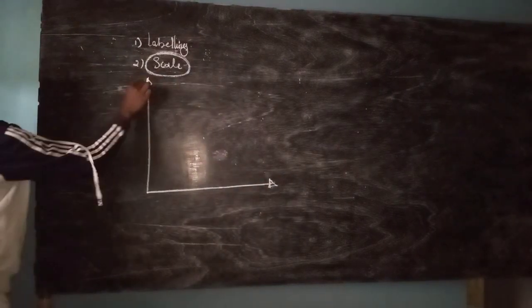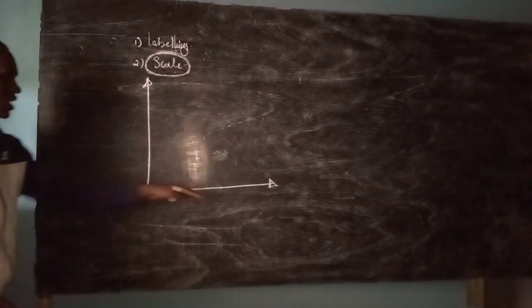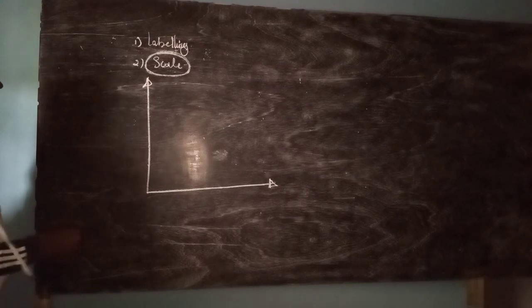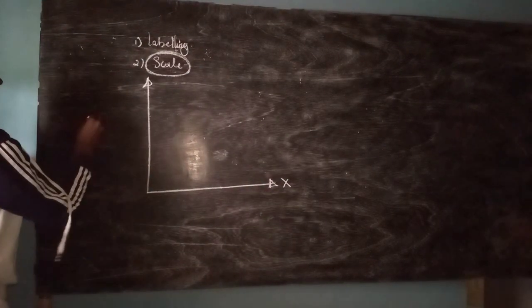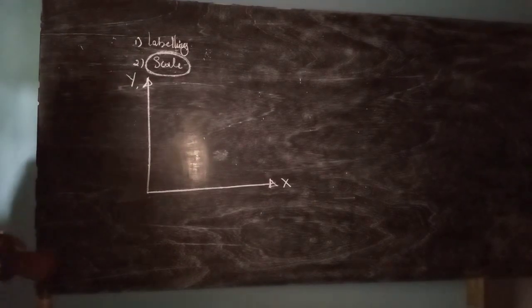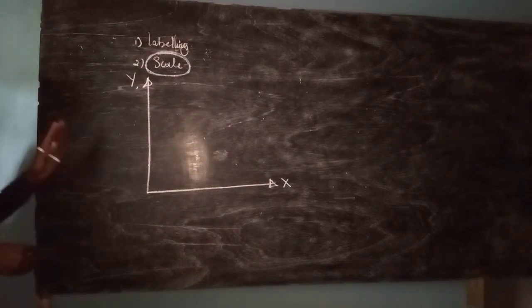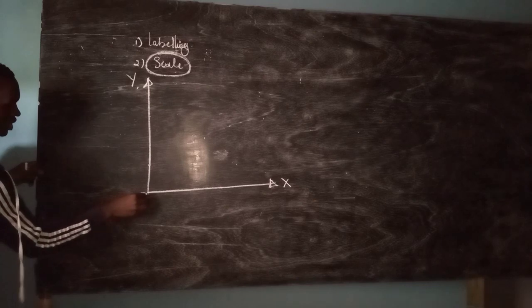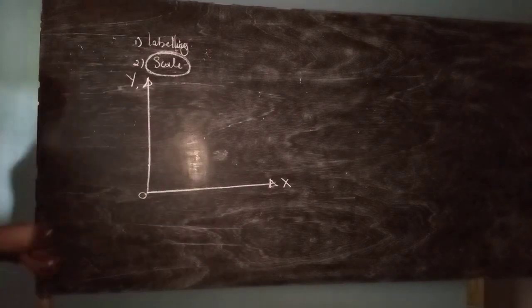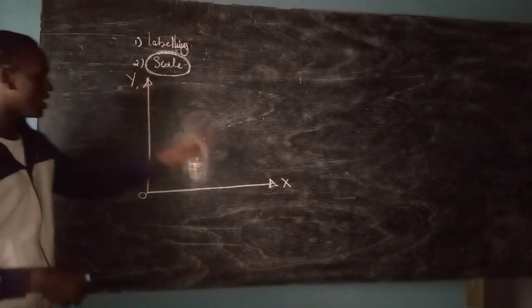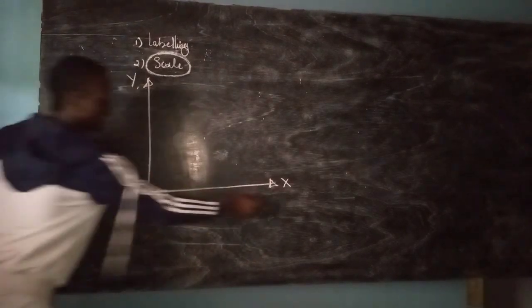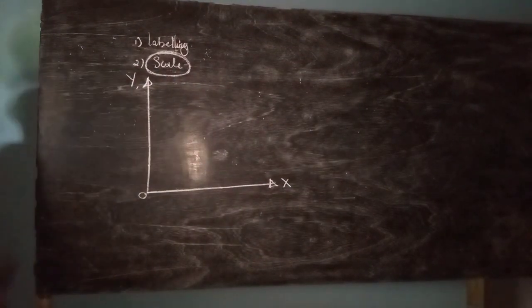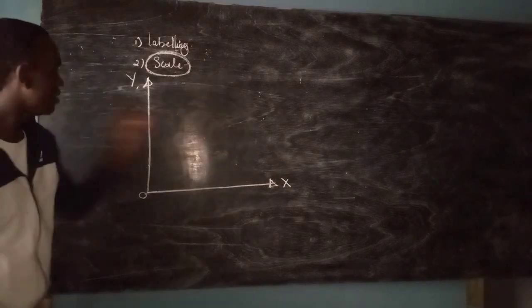The Cartesian plane is made of two perpendicular axes, known as the XY plane. The point where these two axes meet is called the origin, and this means that you are plotting the quantity y against the quantity x.